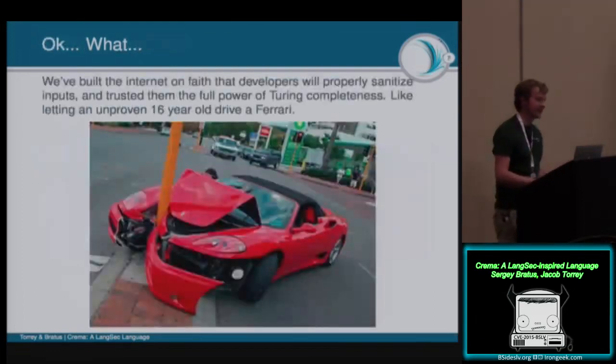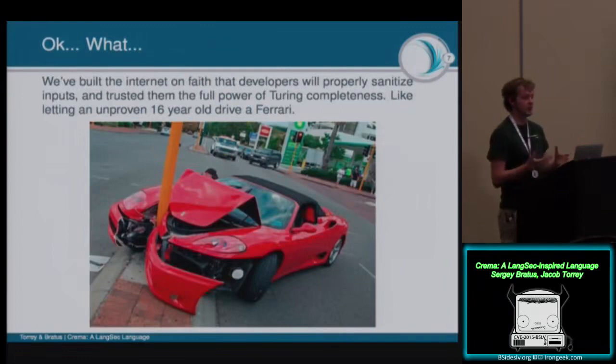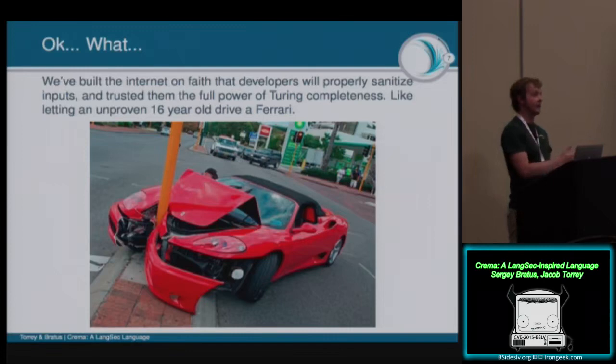So that was great. Basically, we built the internet on faith that developers will properly sanitize their inputs. They'll think of all possible edge cases and properly work against them. And then we've trusted them with the full power of Turing completeness. It's kind of like giving your 16-year-old kid who's never driven before a Ferrari, because that's the most powerful car, and why would you want anything less powerful? Why would you give them an Accord?